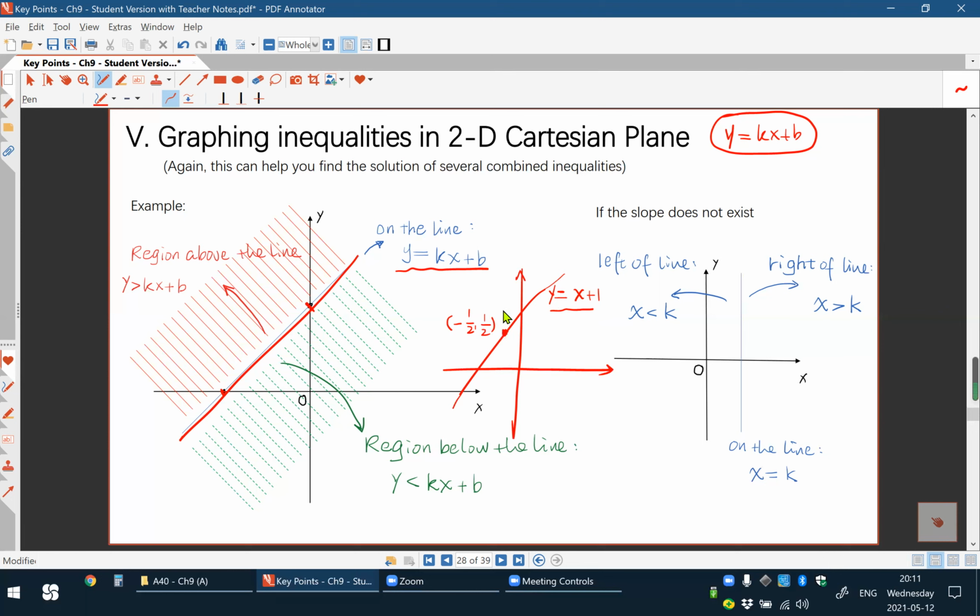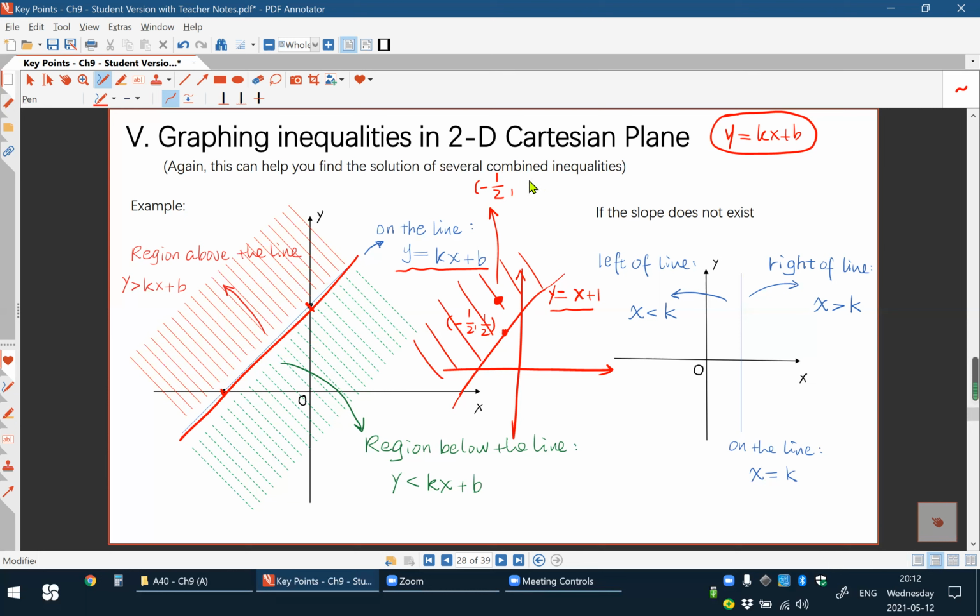So for the region above this line, for example, if we have a point here, what is the coordinate of the point? Its x should be minus 1/2, right? How about its y?